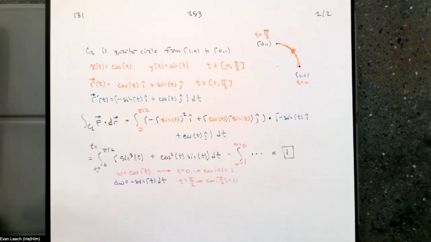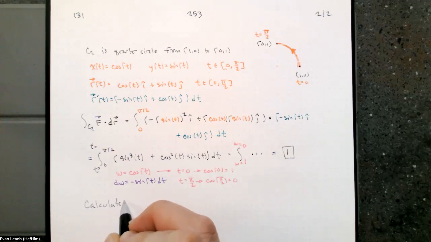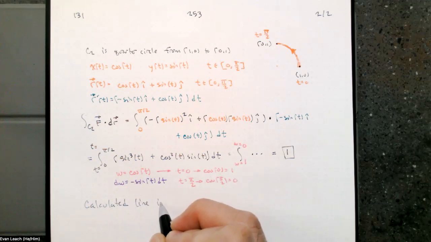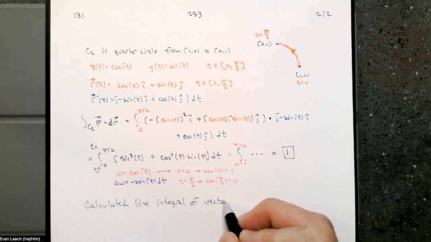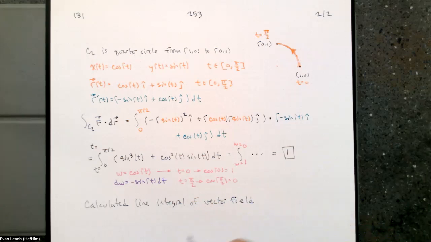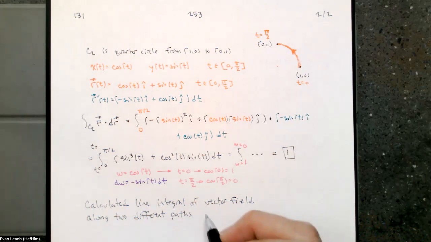On the next set of problems, you calculated a line integral of a vector field along two different paths. Those two different paths had the same starting and ending points.